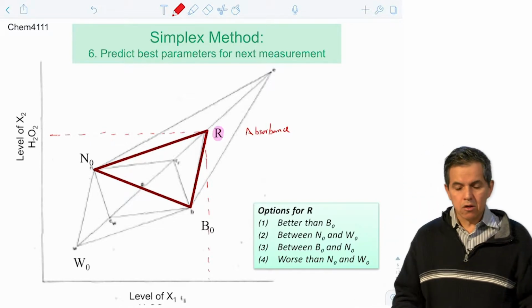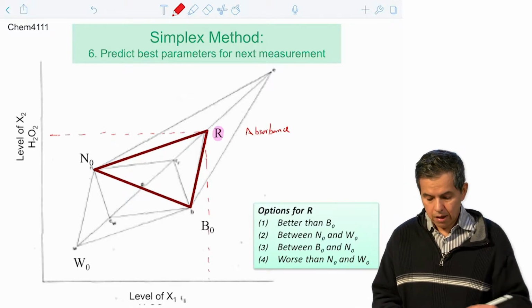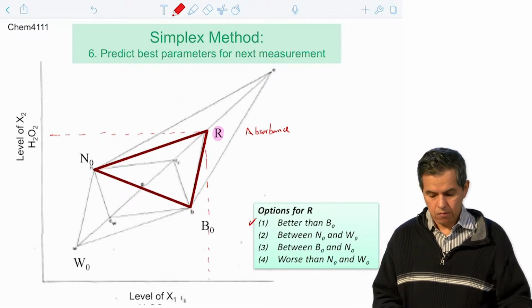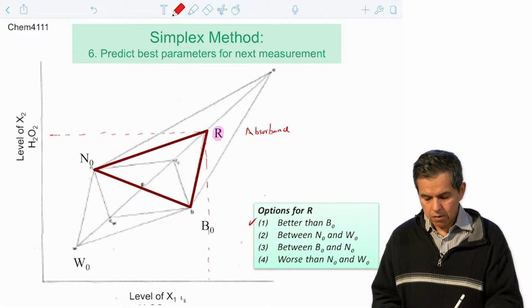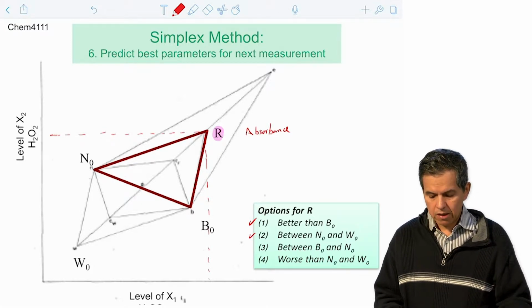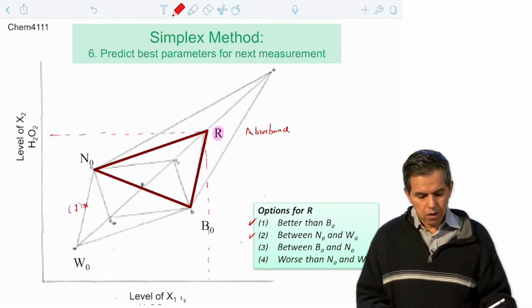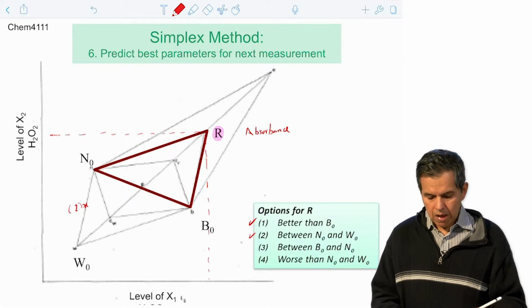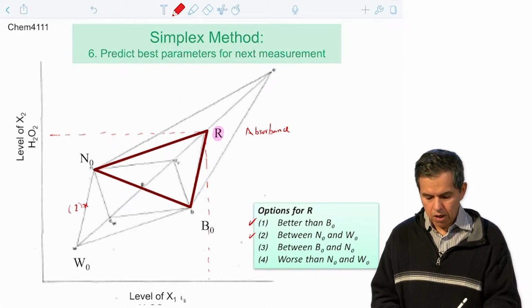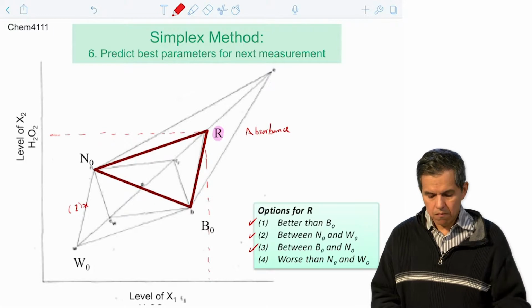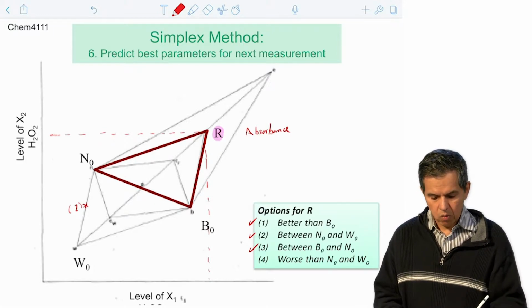The possibilities for that measurement are that it's going to be better than the initial value, the best value that we already had; that it's going to be in between the next to best and the worst, somewhere over here; or that it's going to be somewhere in between the best and the next to best, so somewhere over here.